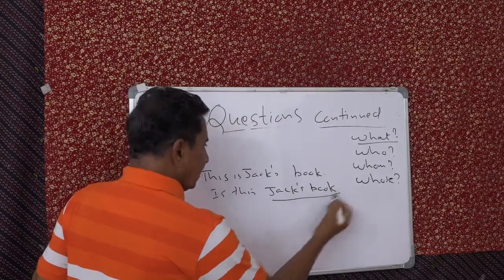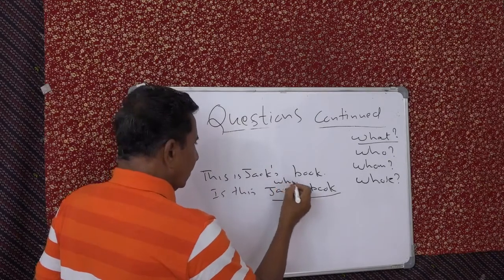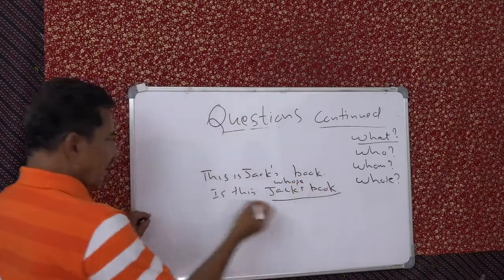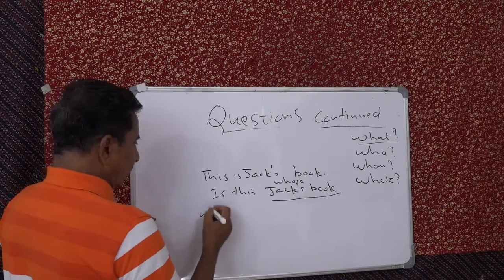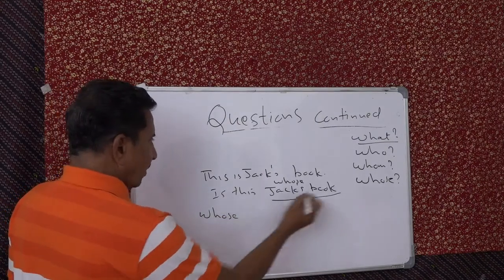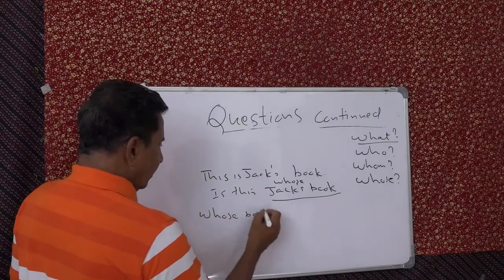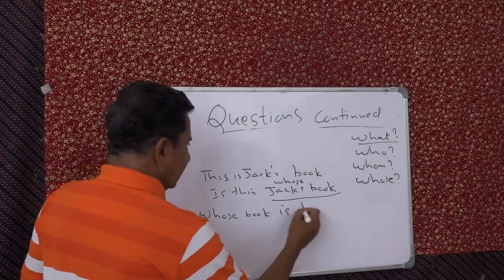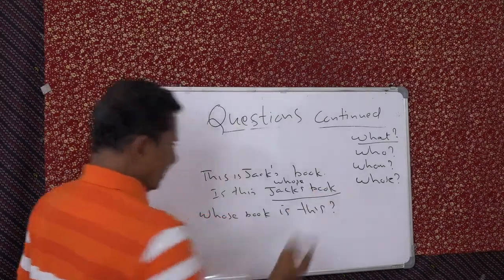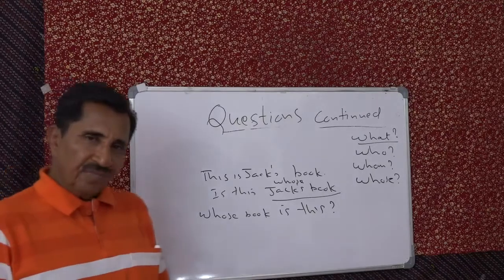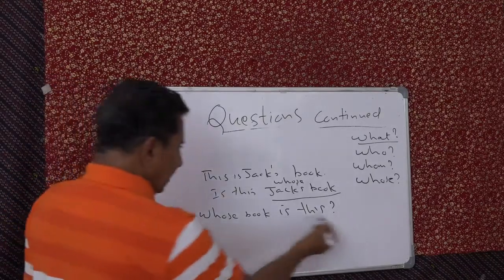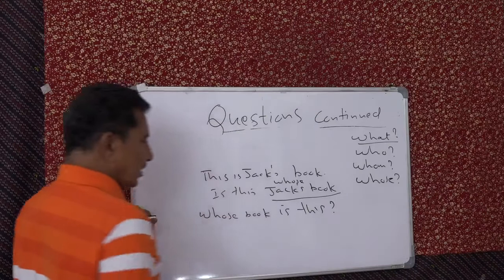Jack's possession. So whose? Question word is whose. Bring it here. Whose book is this? If you get a question like this, then we can change it into a statement.